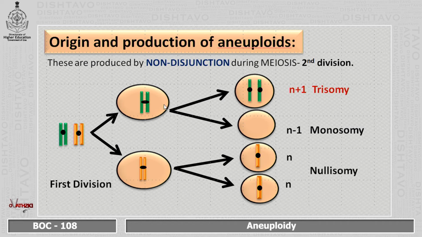At that time, instead of this one coming here, it goes into one gamete. So one gamete will not have that particular chromosome, whereas the other one is normal. Like this, non-disjunction takes place and aneuploids are produced.